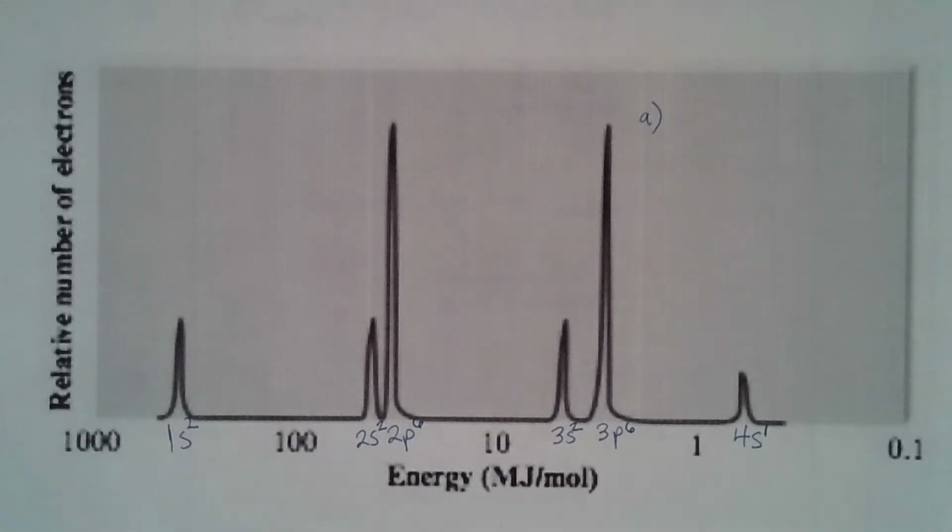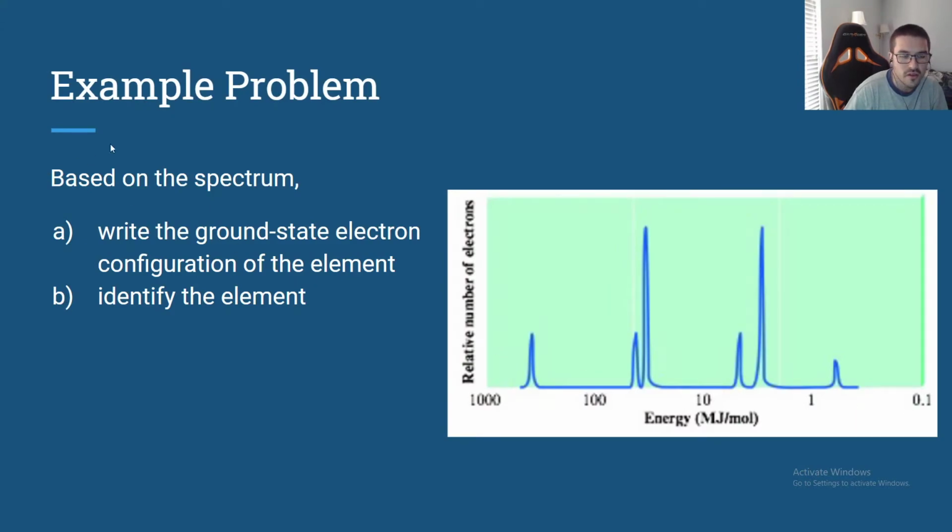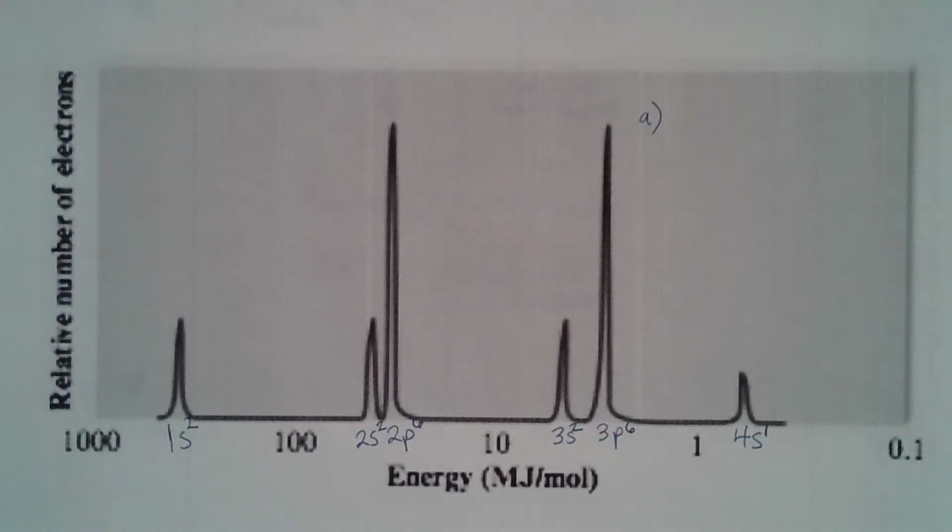We also know those orbitals are full because the question asks us to write the ground state electron configuration. So it's not the excited state, right? If it was the excited state, then maybe some of these orbitals on the left wouldn't be full, but it tells us explicitly it's the ground state. So I have my electron configuration right here.